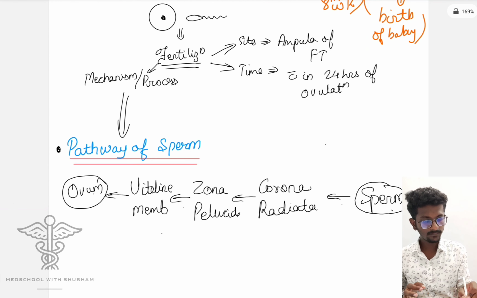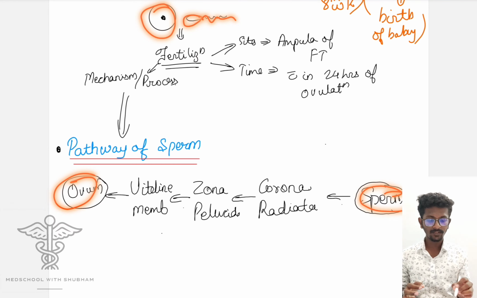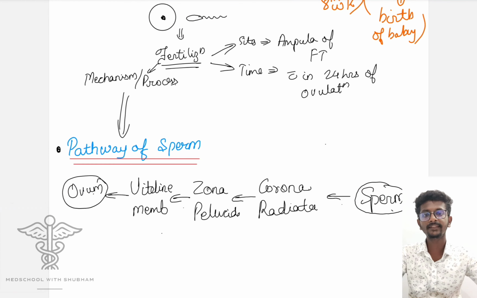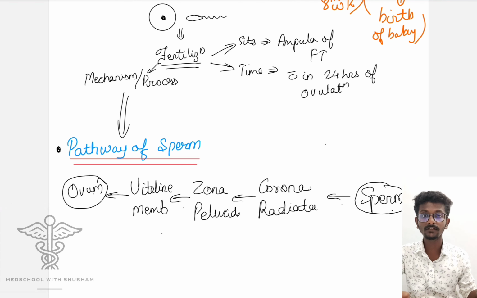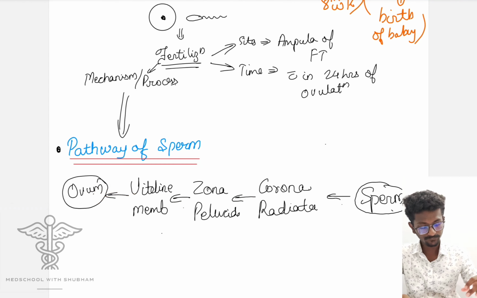This is the ovum, and this is the sperm. Now the sperm has to pass through various layers and then enter into the ovum. So what are those layers? The sperm will first have to degenerate the corona radiata cells, that is the corona radiata layer. Then it will pass through the zona pellucida layer. Then it will pass through the vitelline membrane, and then finally it will enter inside the ovum.